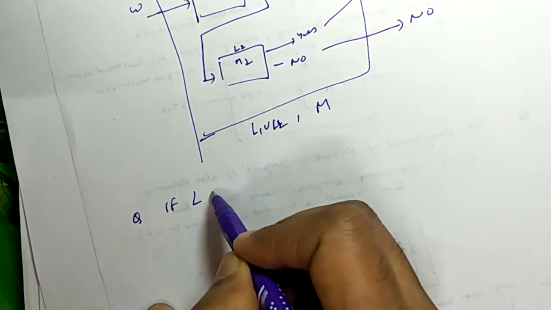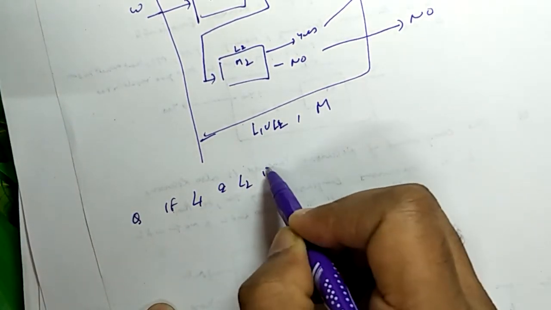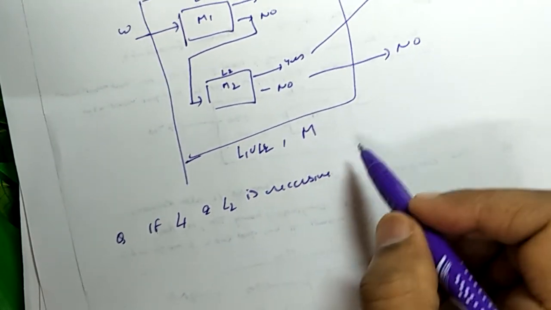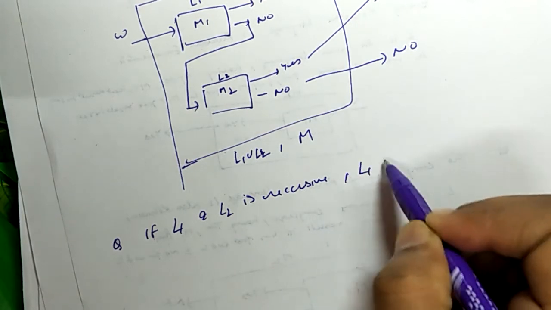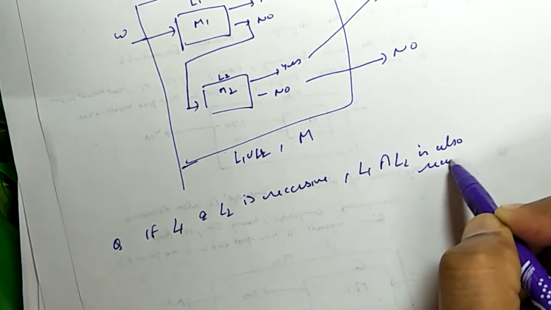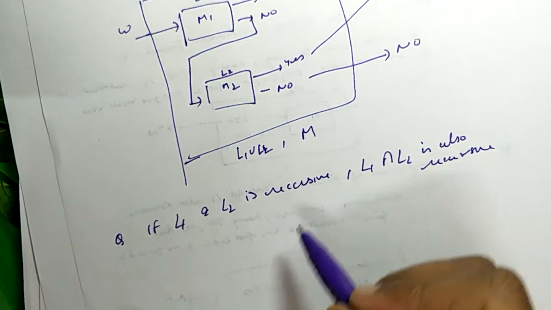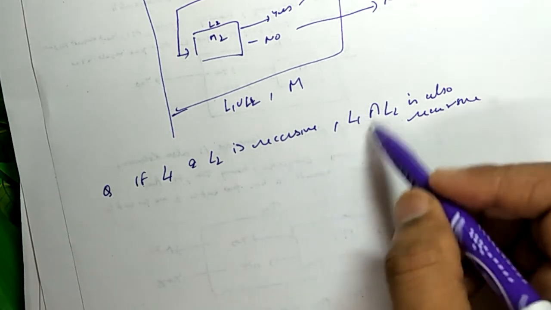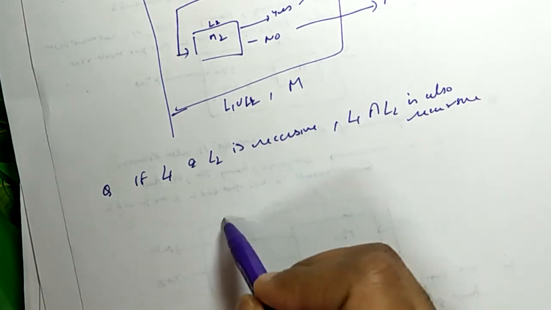If L1 and L2 are recursive, then L1 intersection L2 is also recursive. It means that an input will be accepted if it is accepted in both languages.